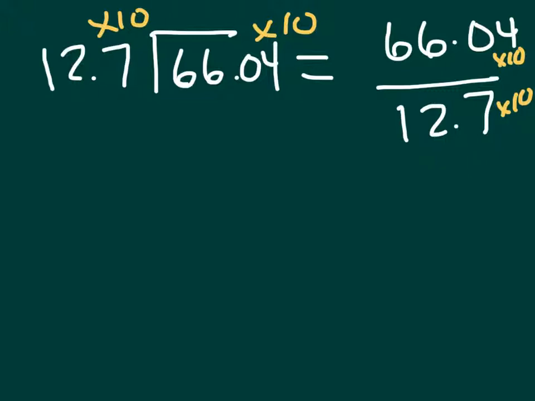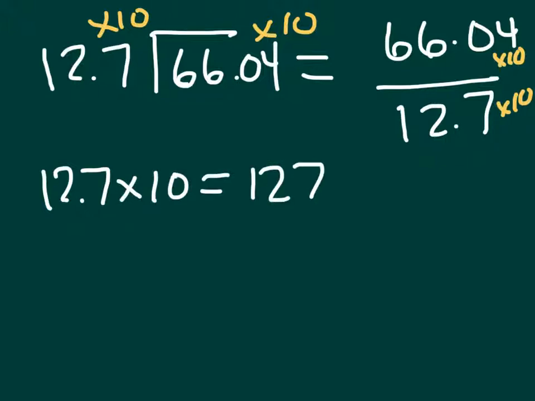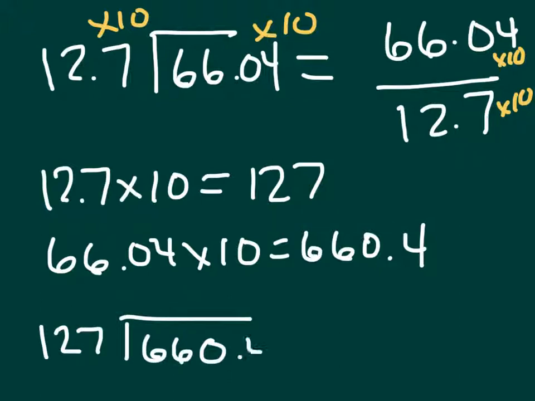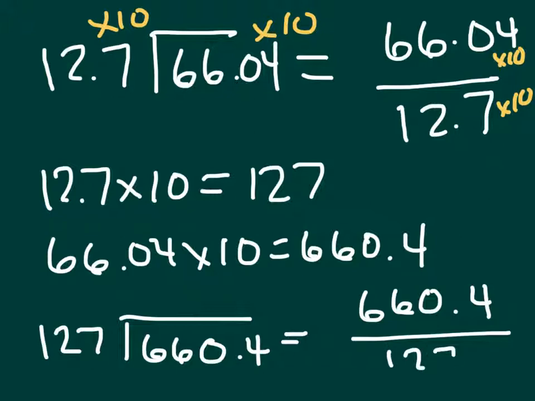Okay, so 12.7 multiplied by 10 equals 127, and 66.04 multiplied by 10 is 660.4. So now 127 divided into 660.4 equals the same thing as 660.4 over 127.